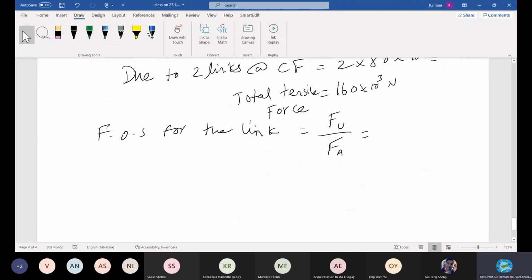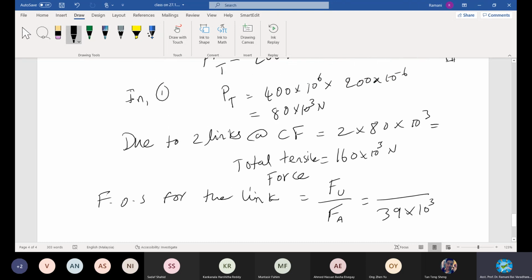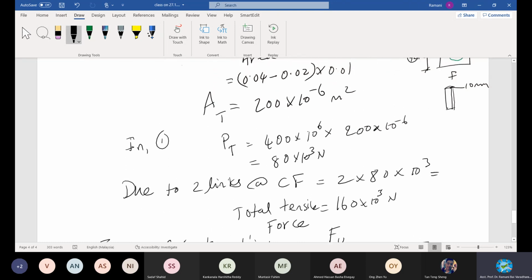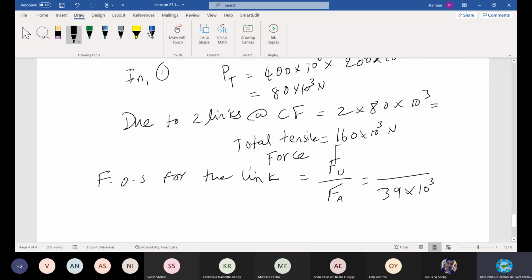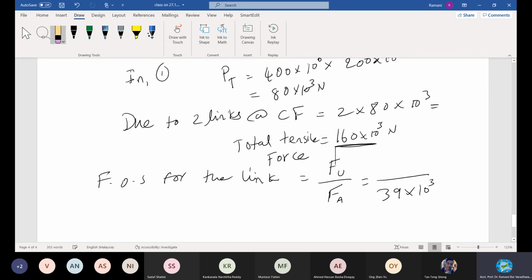So I write here, 39 is the allowable or required one. Let it be required. 39 over 3. And then due to the material property, we multiply by the thickness and area, right? This material has the capacity of bearing about 160 kilonewton.